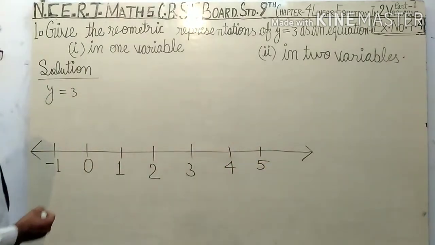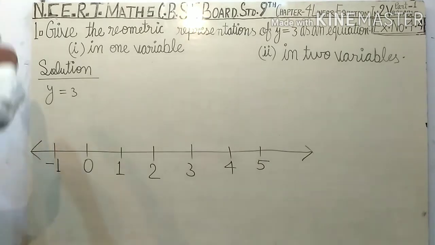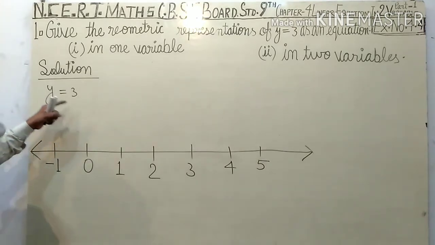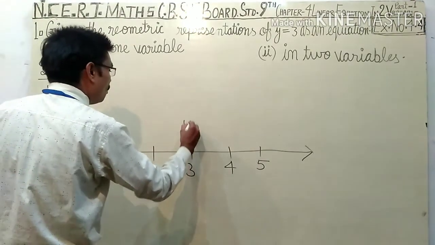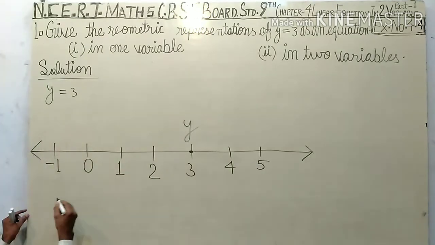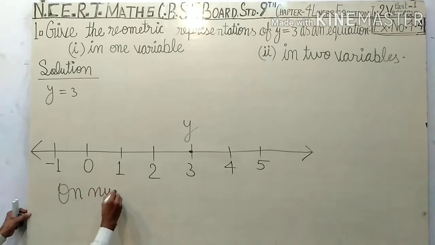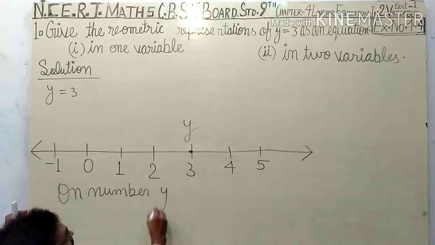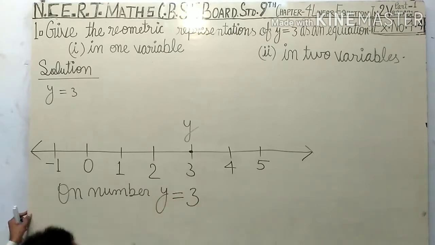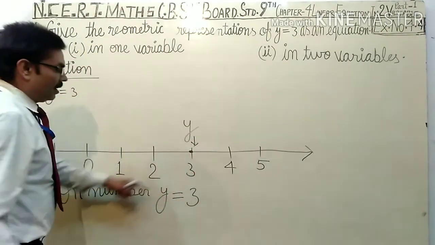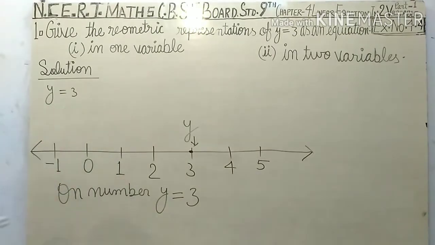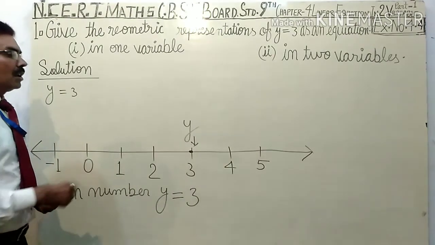So students, the place of the given point y is here. So on the number line you can write y equal 3. Here you may denote y. This point is 3 and y equal 3. So take a photograph.